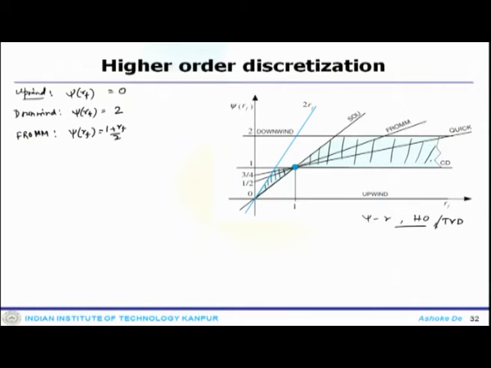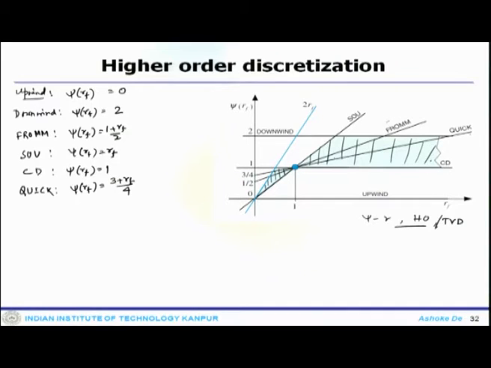For second order upwind, psi Rf is Rf, so that passes through (0, 0) and (1, 1). Then CD, where psi Rf is 1, constant, and then you have QUICK, which is psi Rf equals (3 plus Rf) by 4. So this is the line for QUICK.